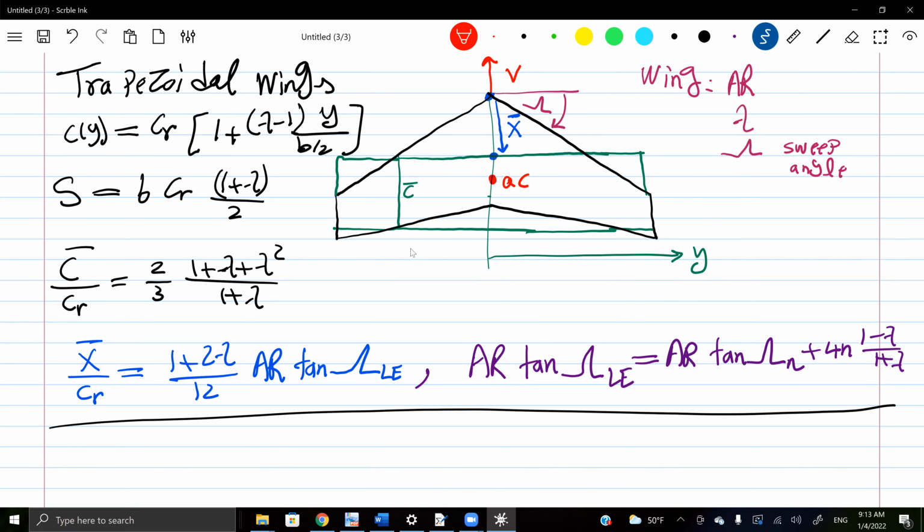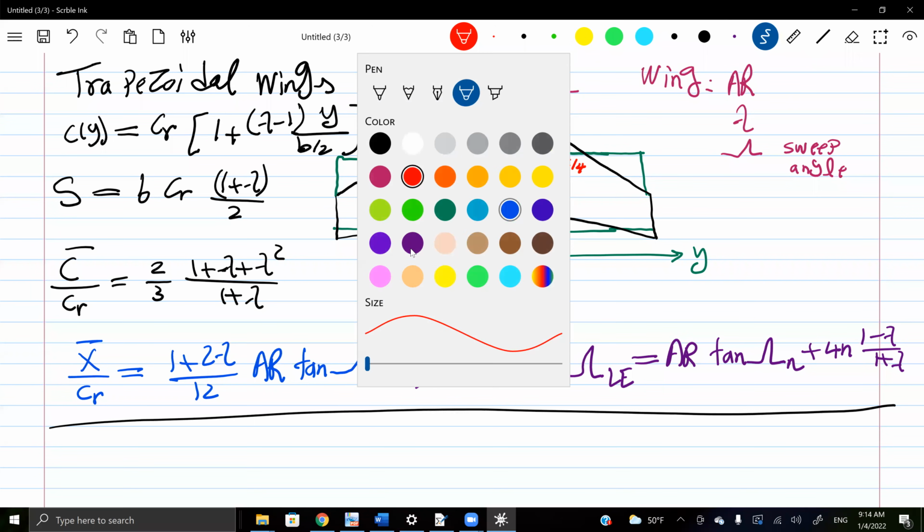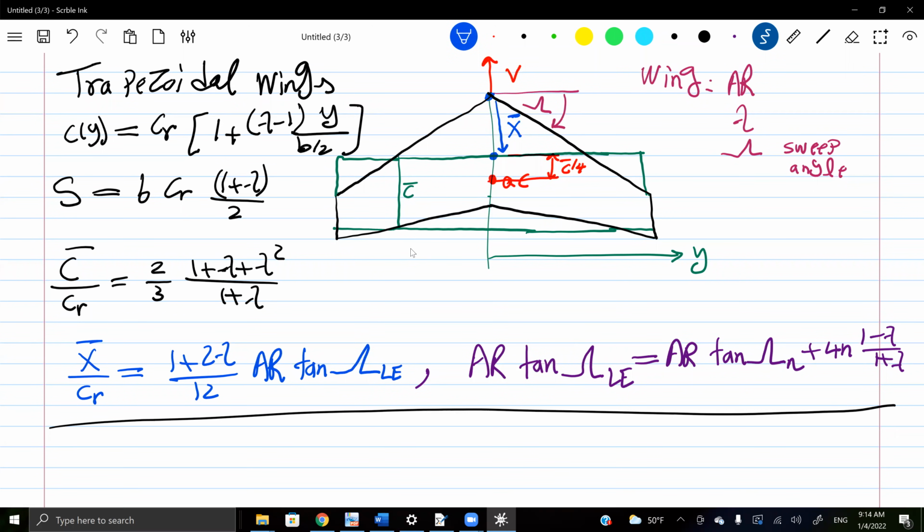This is the aerodynamic center, where this distance is C bar over 4. So X bar is the distance from the wing apex to the point at which your C bar starts. C bar starts from here and takes the length of this C bar. The aerodynamic center is at the quarter of this, all right?